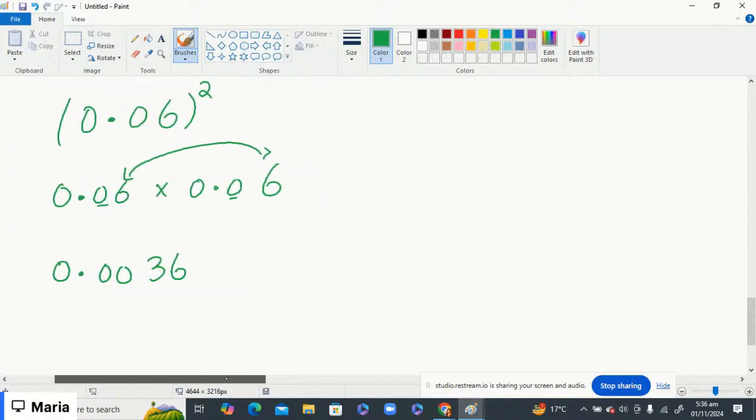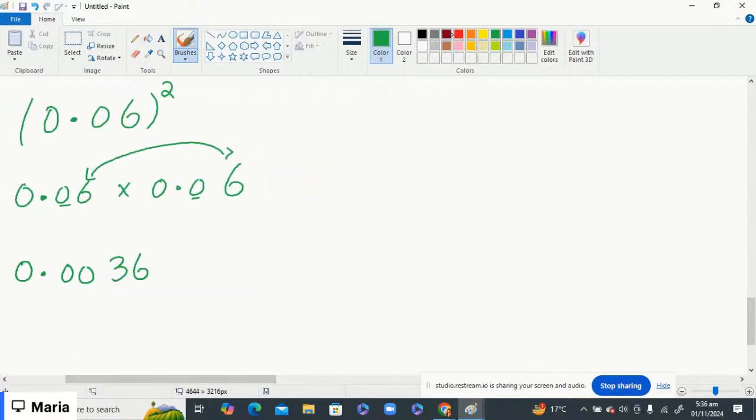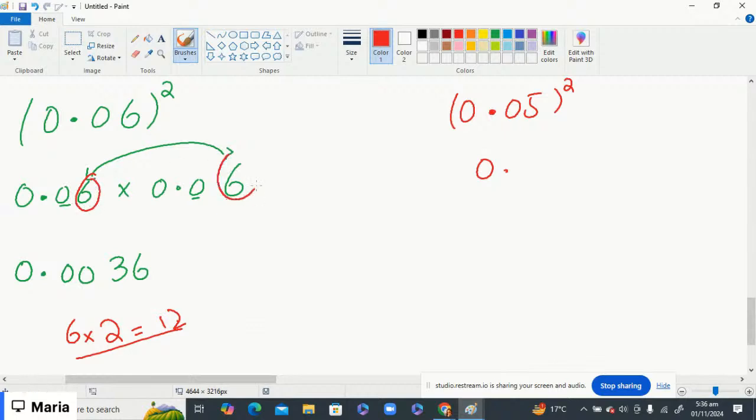Let me just write it here. One more question related to this. If this is 0.05 and here the power given is 2, it's not 12, it's a multiplication. 6 times 6. 12 is when it's like 6 times 2. Okay, but here it is 6, then here it's 6.